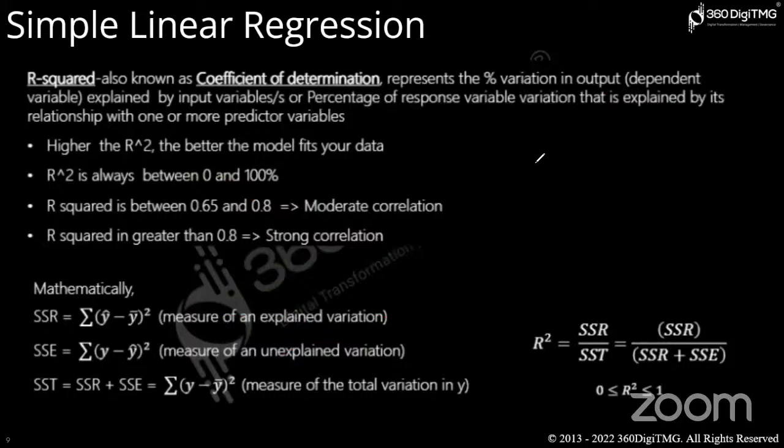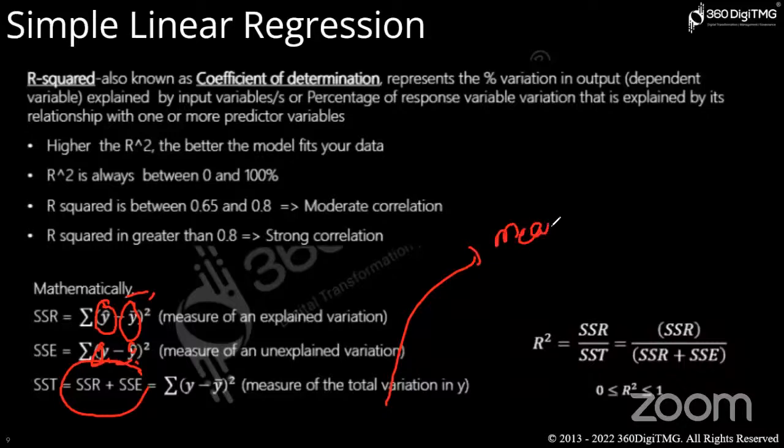So mathematically, the variation is between the predicted value and the actual value. Combining them, we will be taking a measure of total variation.